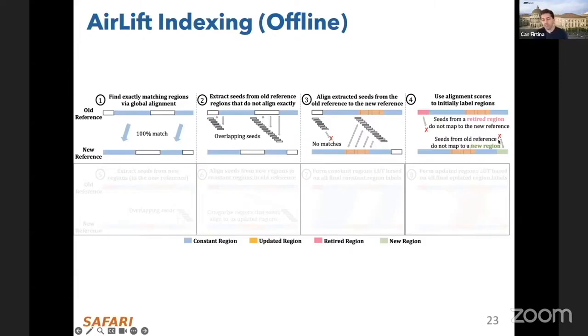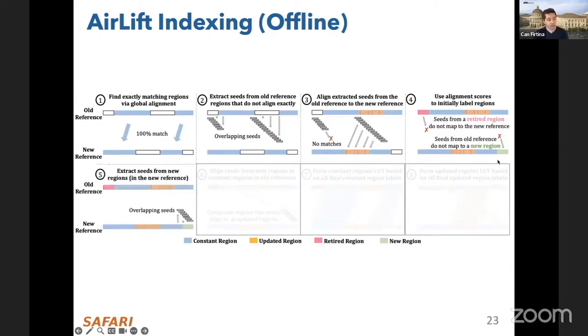So similarly, if there are no seeds from the old reference being aligned to a region in the new reference genome, then we can assume that that particular region should be novel, because no seed could be aligned to that particular region. So we label this region as a new region.